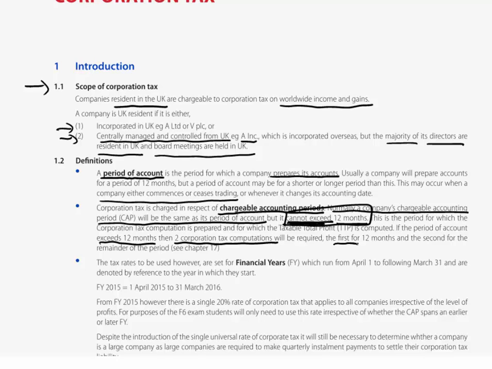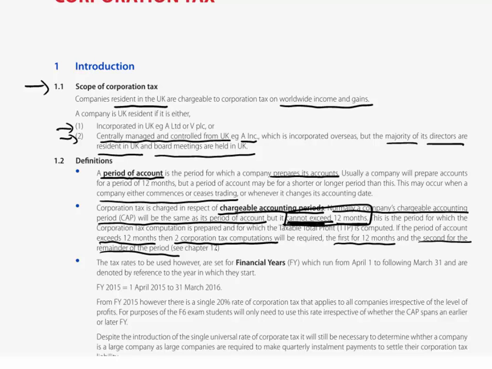The first one always will be for 12 months, and the second will be for the remainder of that period. With our example, with our 14 months to the following 31st of December, we'd have a 12-month period followed by a 2-month period.